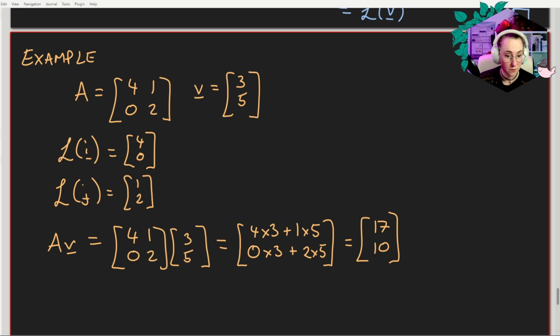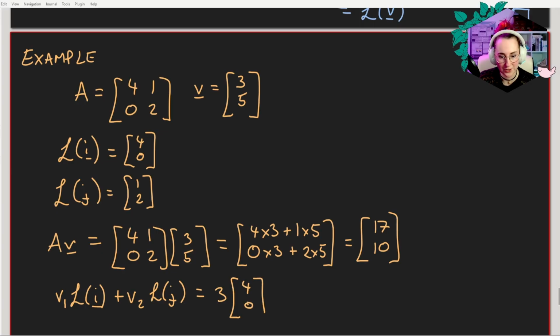And we can do it the other way as well. So I also claimed that we could do V1 L of I plus V2 L of J, which would be 3 times (4, 0). And you'll see that actually the maths that I'm doing is basically the same. And this is where multiplying across and down will give you roughly the same thing.